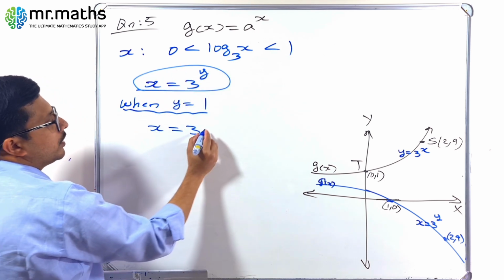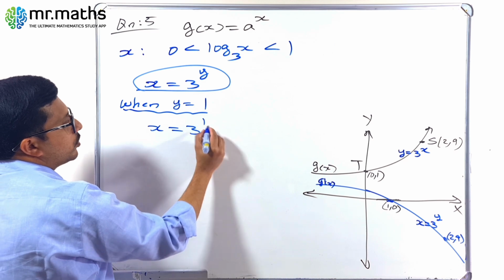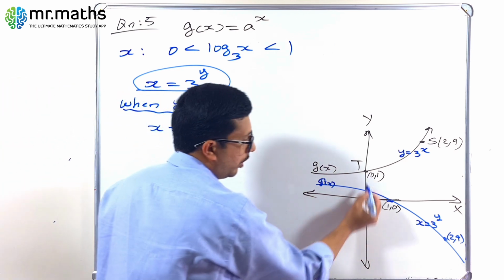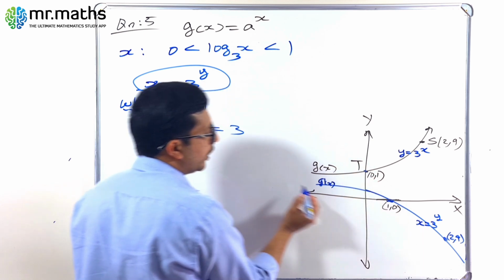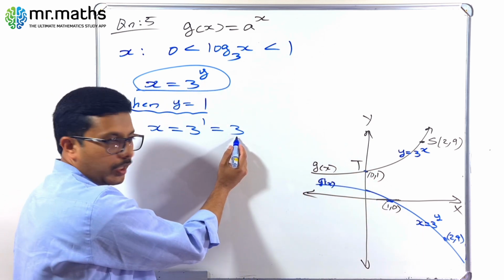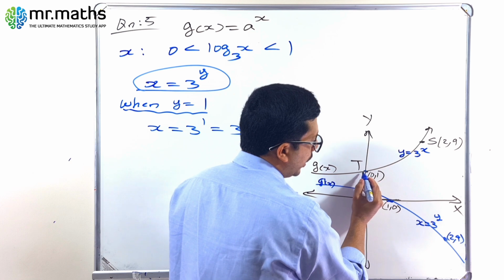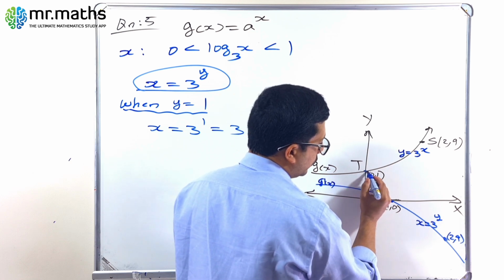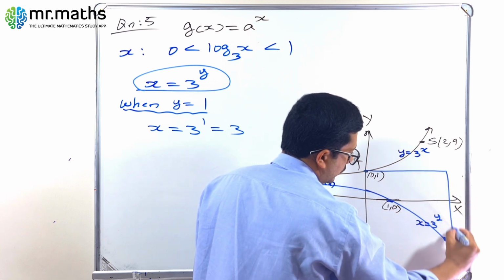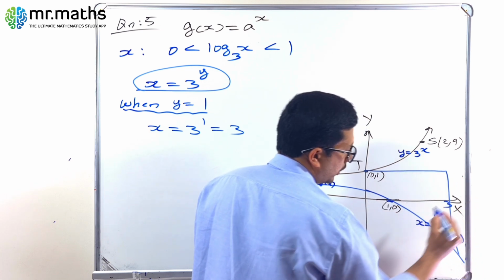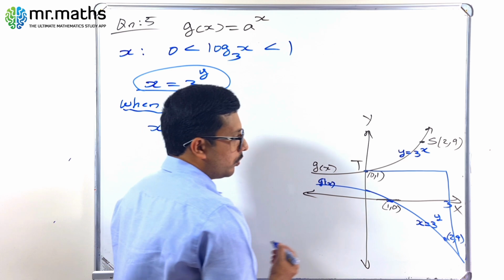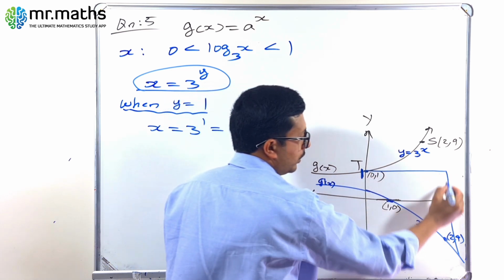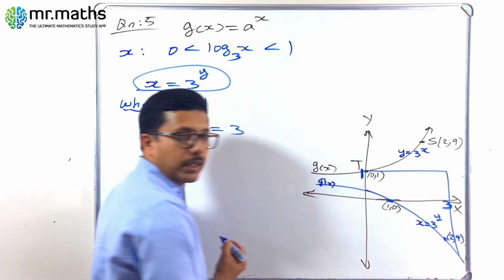So when y is 1, the x value is 3. It is somewhere here, this is 3. When y is 1, the x value is 3.